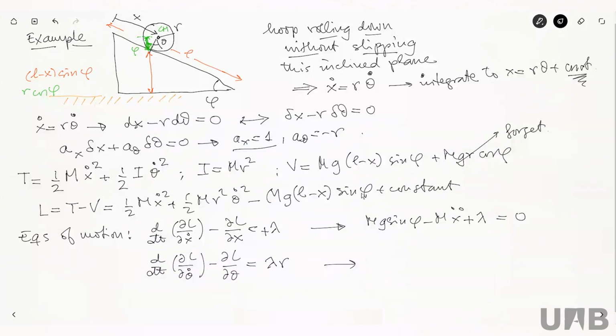And if I take all these derivatives on this Lagrangian, what I get is minus m r squared theta double dot minus, there is no theta dependence, there is only dependence through theta dot. So, minus lambda r, because now I have this r equals 0.